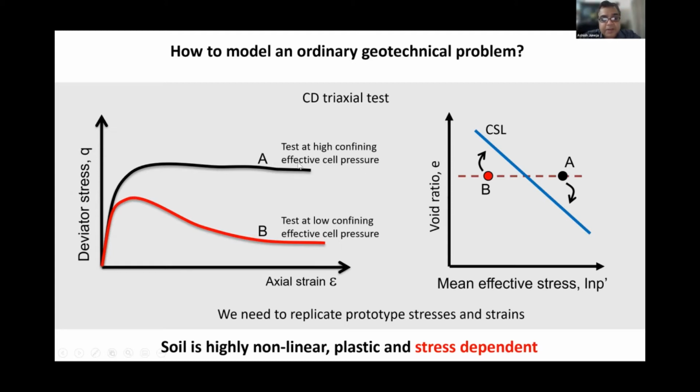A higher confining stress, irrespective of whether it's clay or sand, will show something like a normally consolidated soil. To understand these two figures, look at the compression space on your right hand side. Both A and B have similar void ratio, but because they lie on either side of the ultimate line or the critical state line, you see that soil A will compress and soil B will dilate.